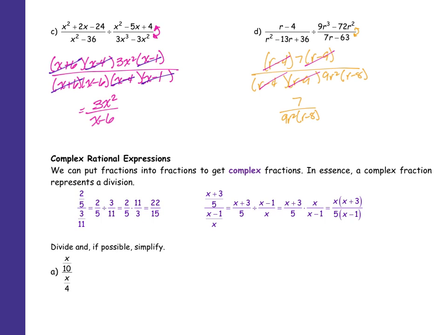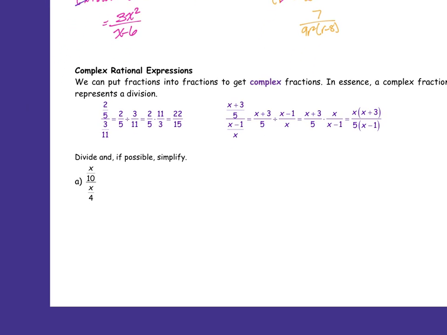But just so you know, when we're talking about rational expressions and them being complex, we will get complex answers, meaning imaginary answers, with these. But when we're talking about complex fractions, we're just talking about these really weird, funky looking fractions that look like this. So here we go.